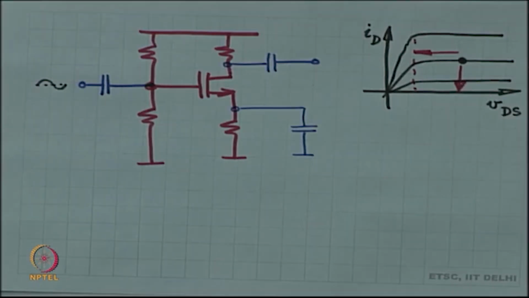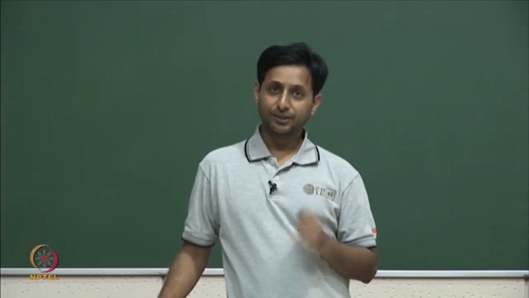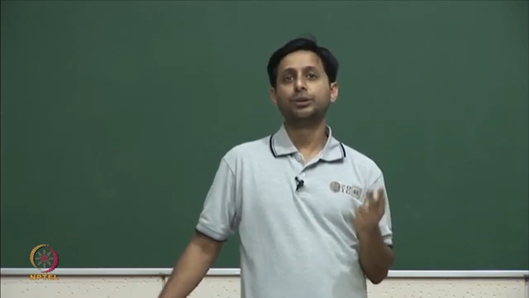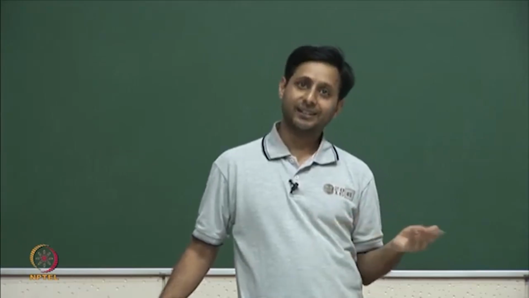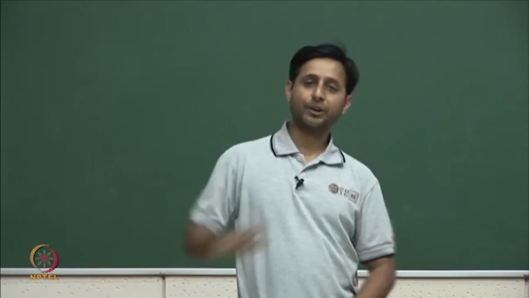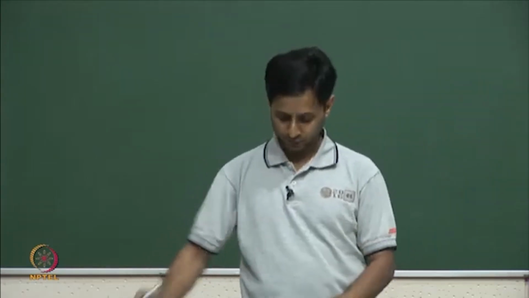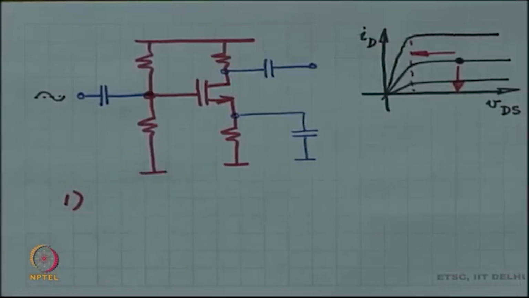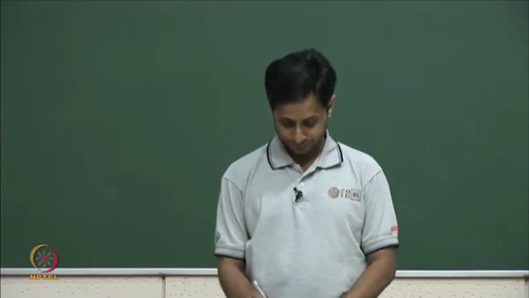So, you have to make sure that number 1, your device is in its flat region of operation, and number 2, the current through the device is more than 0 under all circumstances. So, these are the two extreme conditions. Remember, these are two and only two extreme conditions, and everything is going to depend on these two.